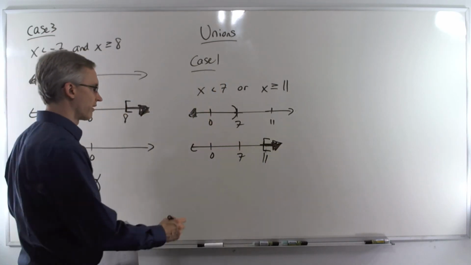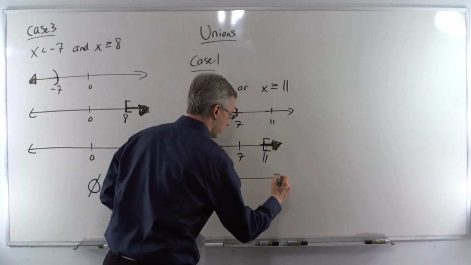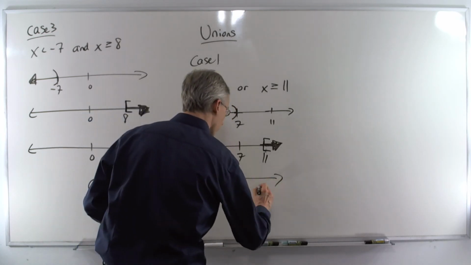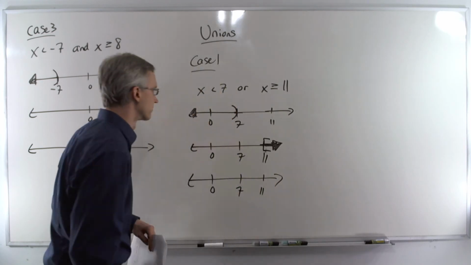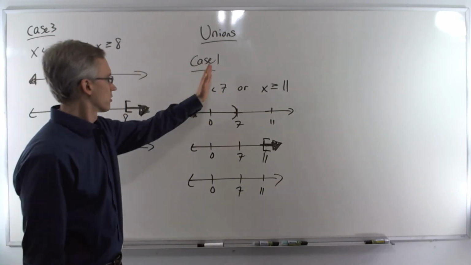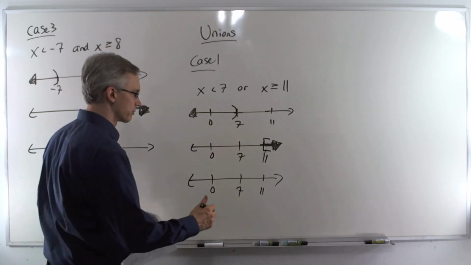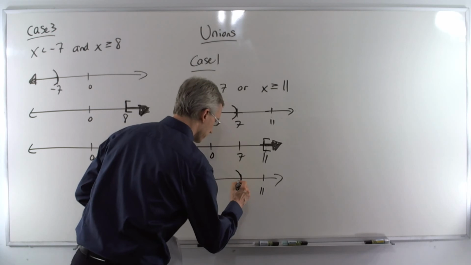All right, now we're going to graph on the final graph here anything that is in both of these. So here we've got one graph. So that's all we need. So that's going to be included in the set. So we'll graph this part.